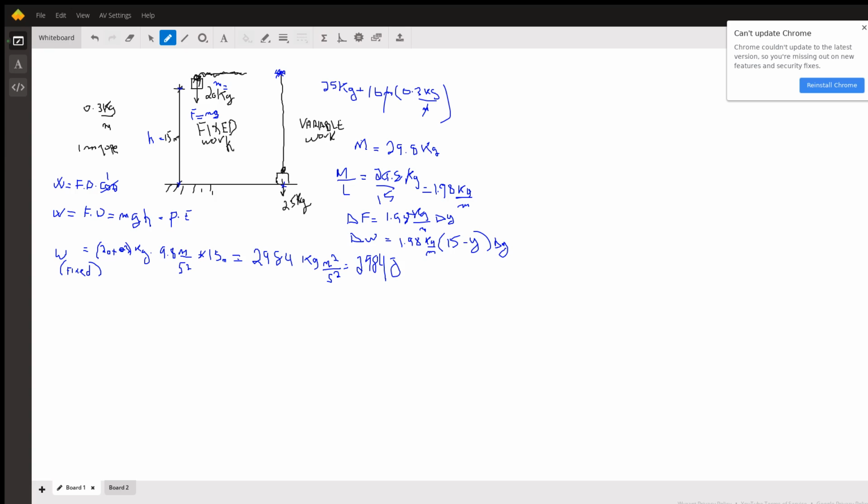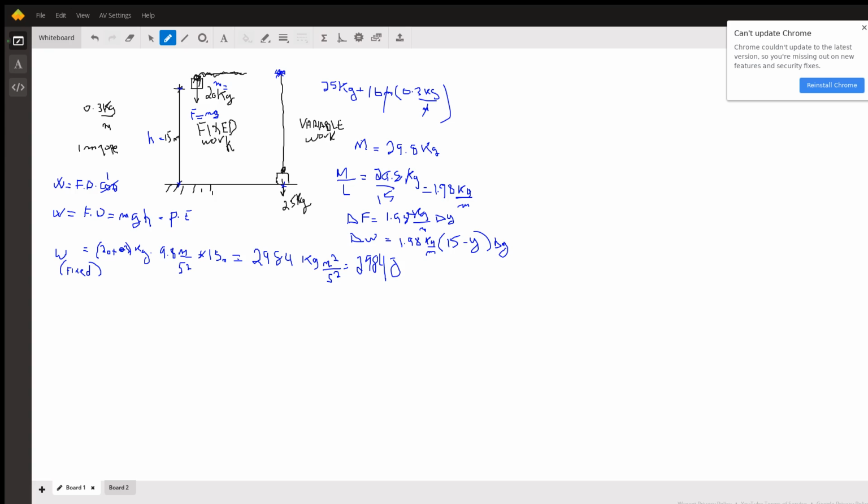So that's going to give me 223 times 9.81, which is 2185 kilogram times meter squared per second squared. Well, this is the unit of joules. So this will be 2185 joules.